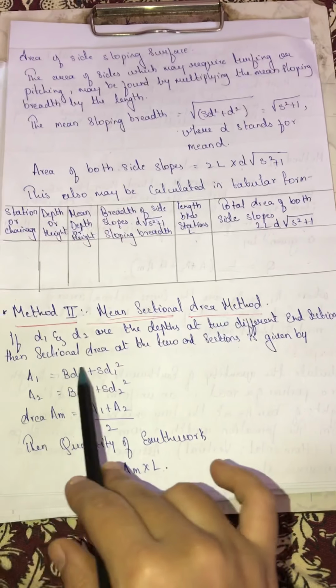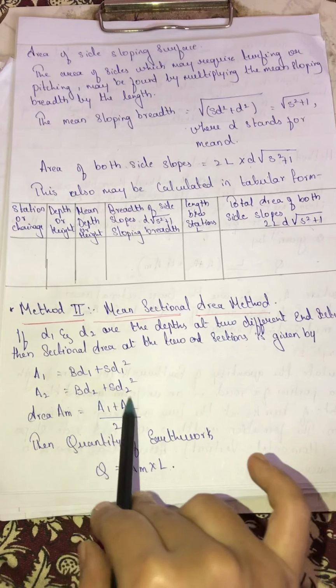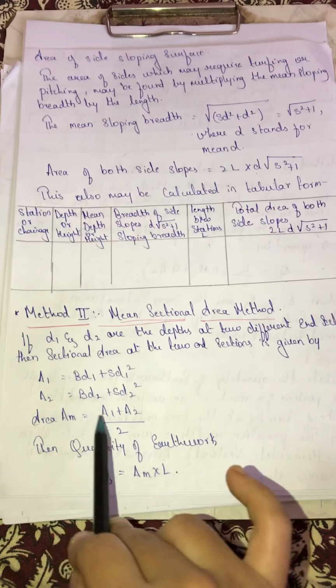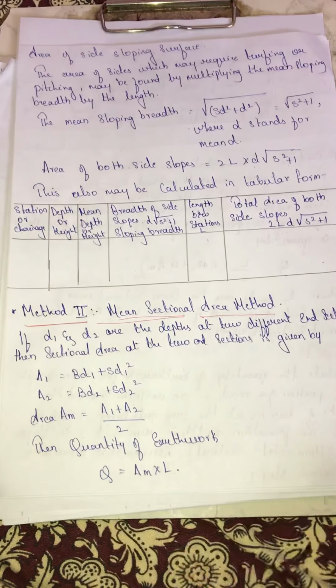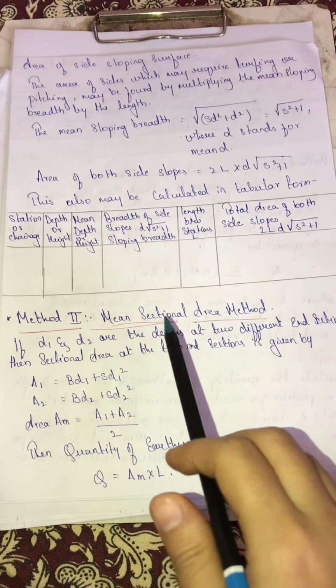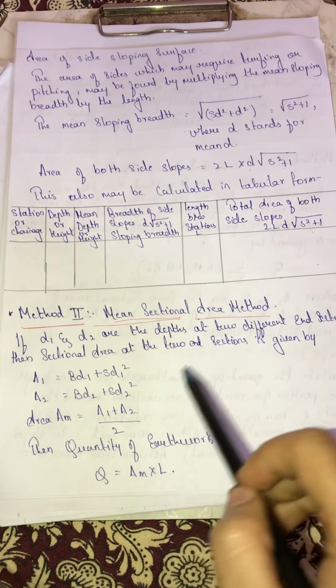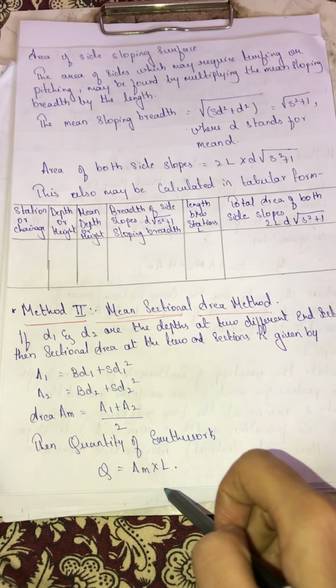So A1 will be BD1 plus SD1 square, A2 will be BD2 plus SD2 square, and mean area will be A1 plus A2 divided by 2. In the previous method we used to calculate the mean depth, and in this method the mean area is calculated and multiplied with the length.